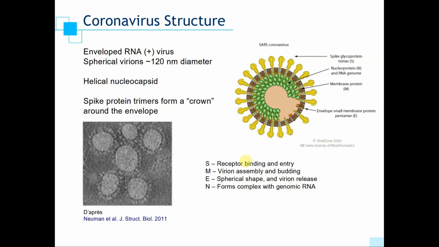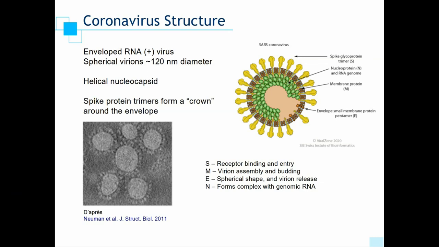So what does a coronavirus look like? Well, it's an enveloped virus with a helical nucleocapsid and a genome which is positive strand RNA. The virus particle is kind of simple.